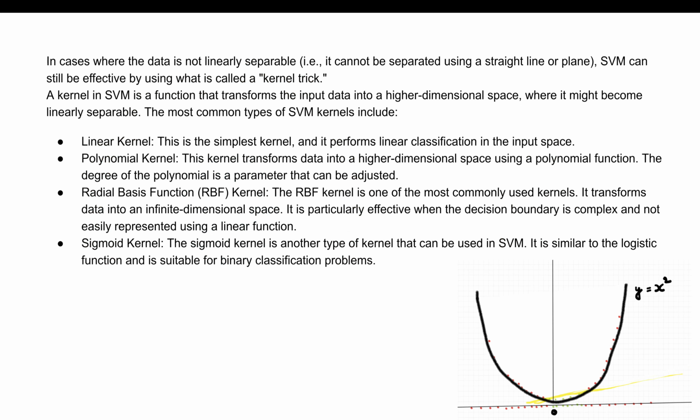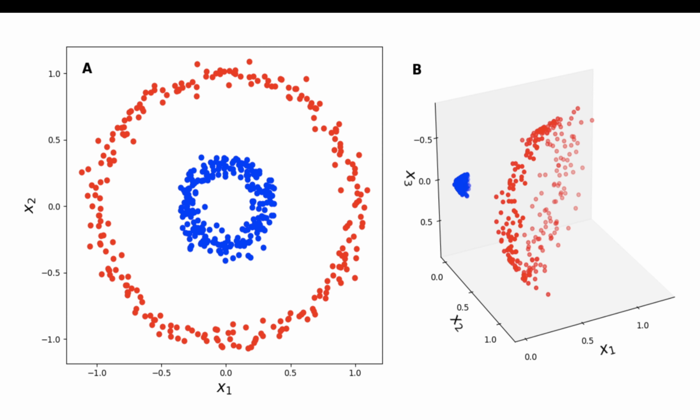So when we talk about SVM kernels, we have seen earlier that for the non-linear data set, if you see, this data set is nothing but a non-linear data set. This blue is class A, and the red dots are the data set of class B, which can be of any other class.